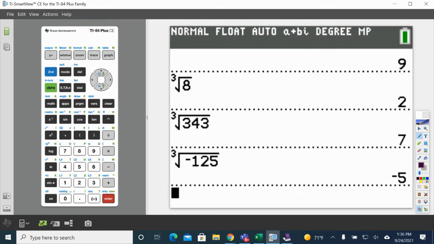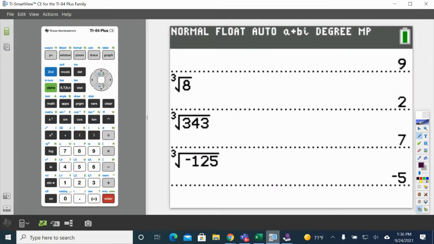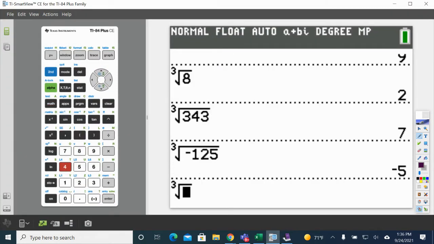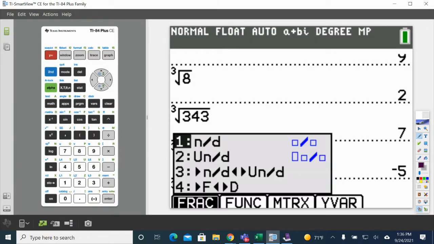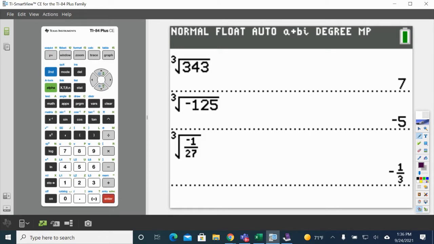The answer is -5. And then the last one says the cube root of -1/27. Math for, I'm going to pull up a fraction, -1 over 27 should give me -1/3.